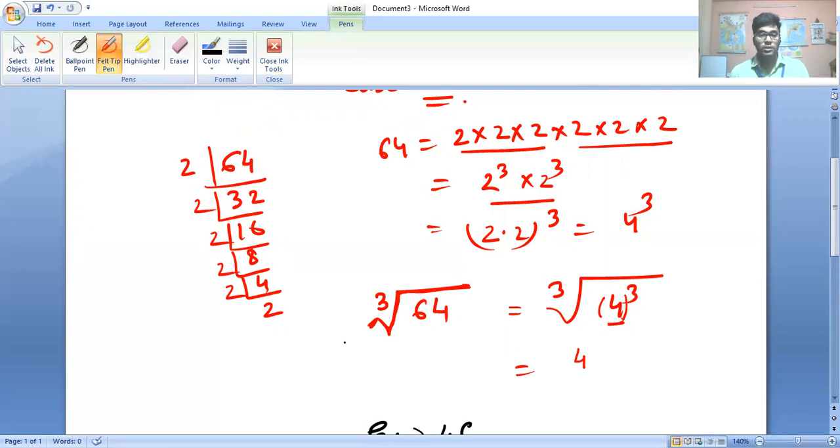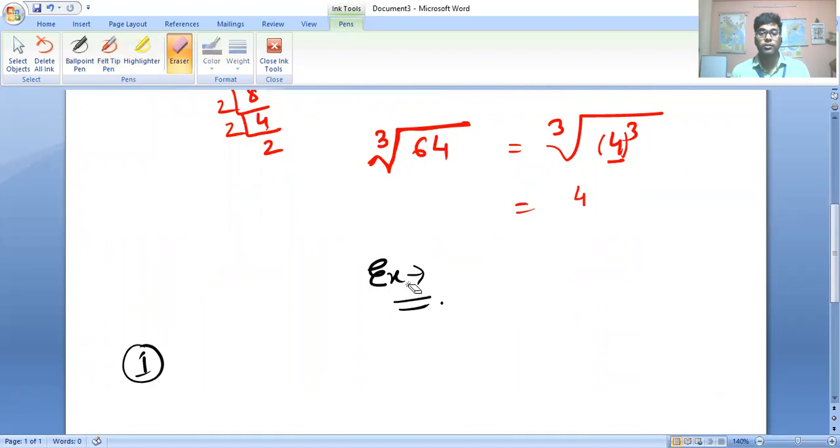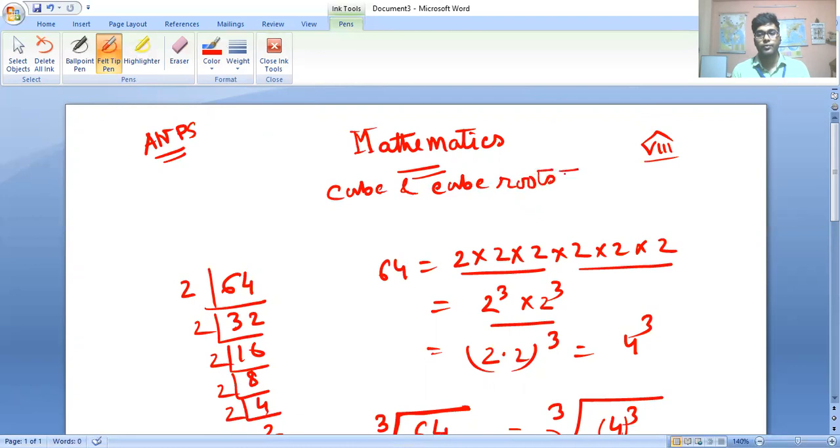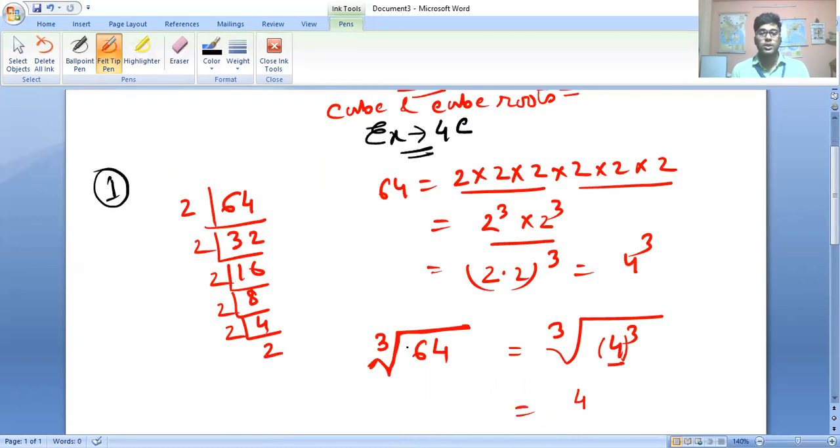So what we can do is we can write exercise 4C here. So as we have already done, the cube root of 64 will be 4.